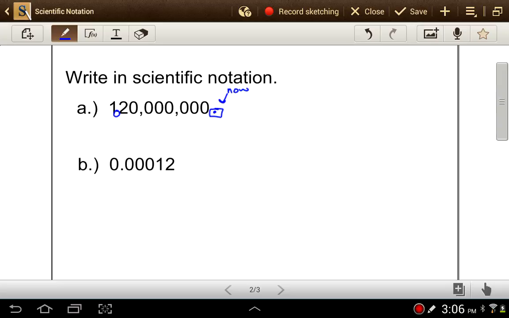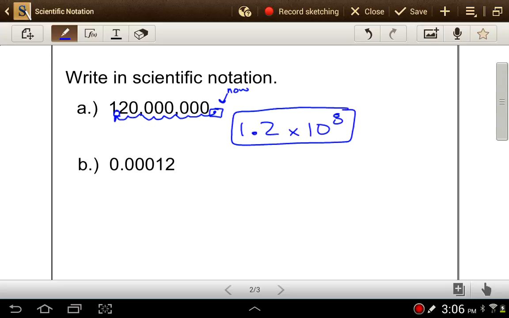I count 1, 2, 3, 4, 5, 6, 7, 8. That took 8 movements, so I multiply by 10 to the 8th power. To write this in scientific notation, I'll do 1.2 times 10 to the 8th power. And that's all you have to do.